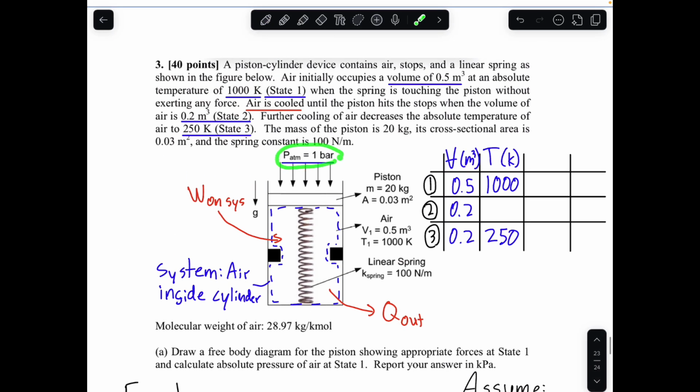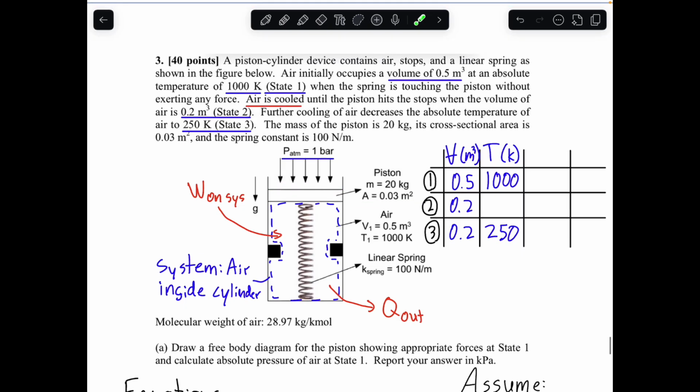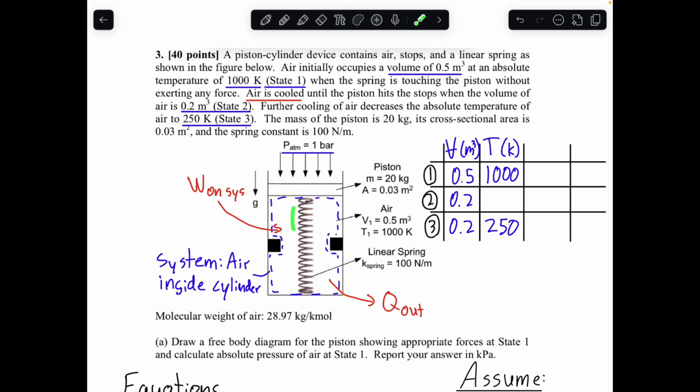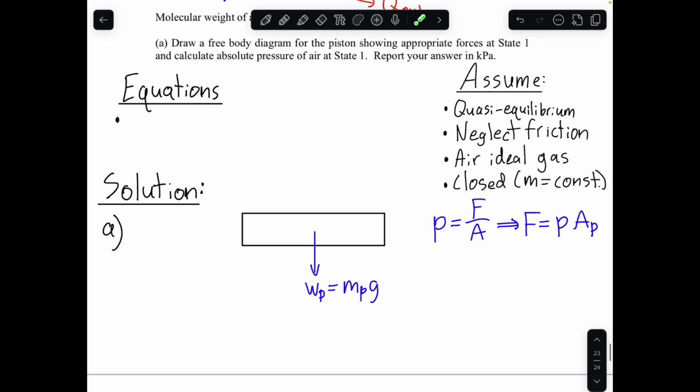For this atmospheric pressure, for instance, it gives us a value for the pressure, and the area over which it acts will just be the area of the piston here, this 0.03 meters squared. And for the gas, we need to figure out what the value of the pressure is, but it will also act over the same area of the piston, just on the bottom of it. So then let's draw those in.